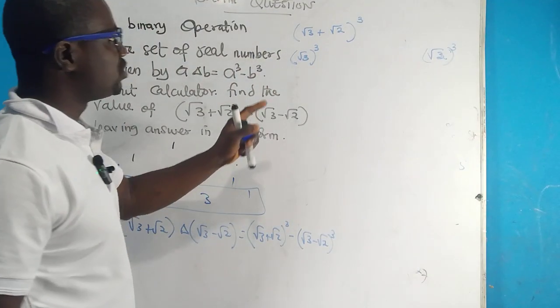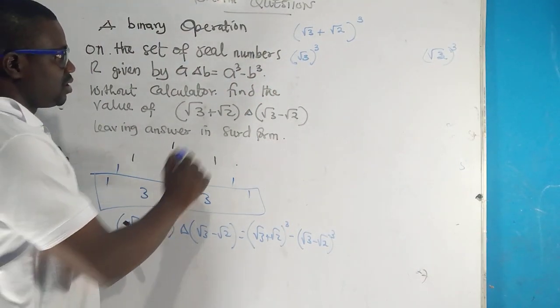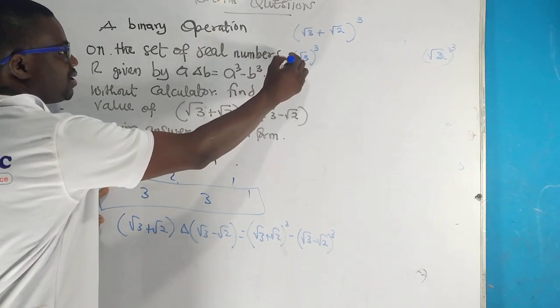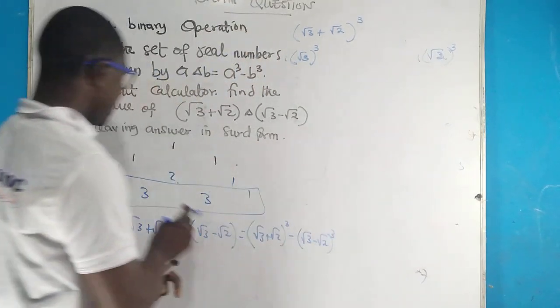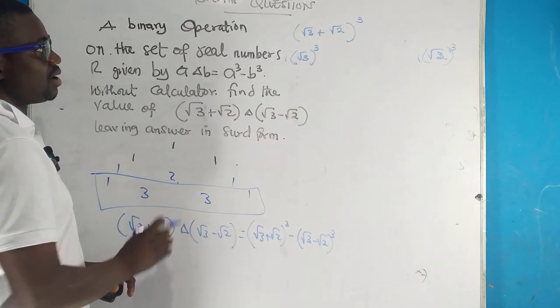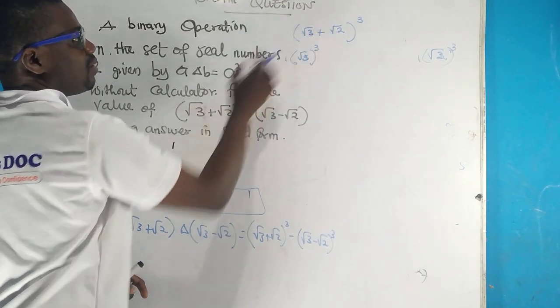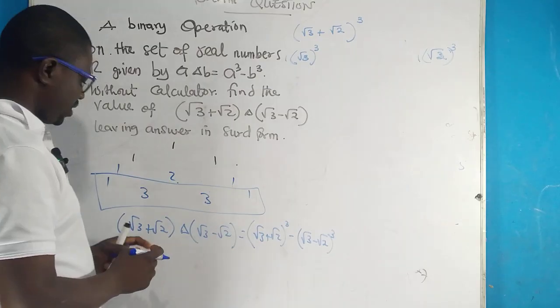Then you use the coefficients. The first one is given by this, and the last one also like that, so we are left with the 3, which also applies to the number in the middle.